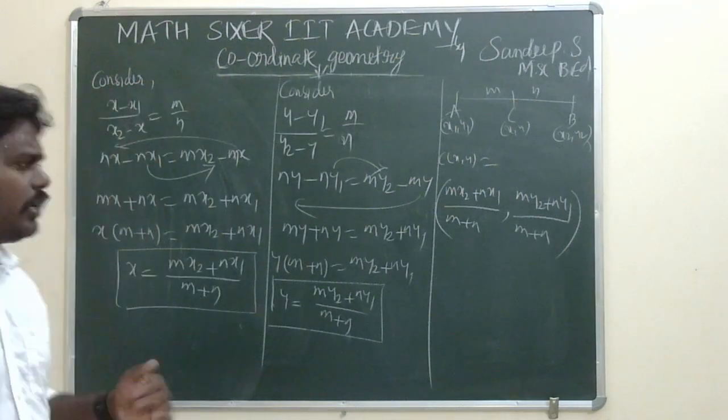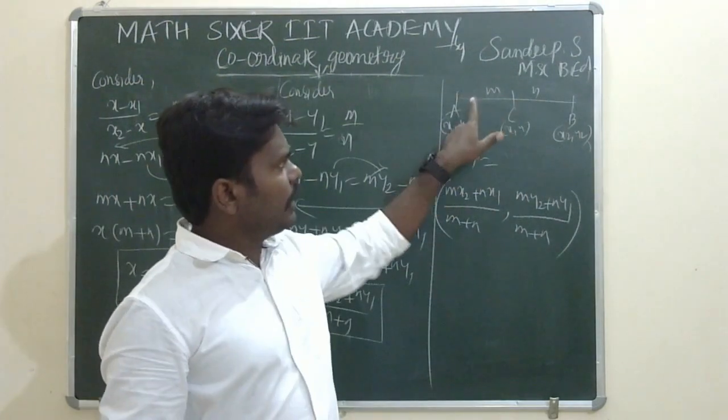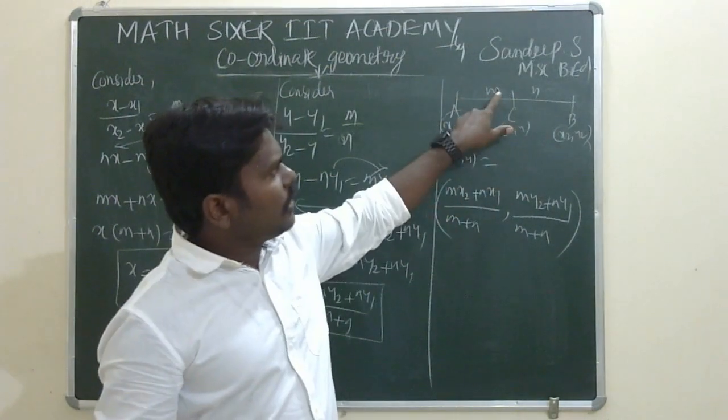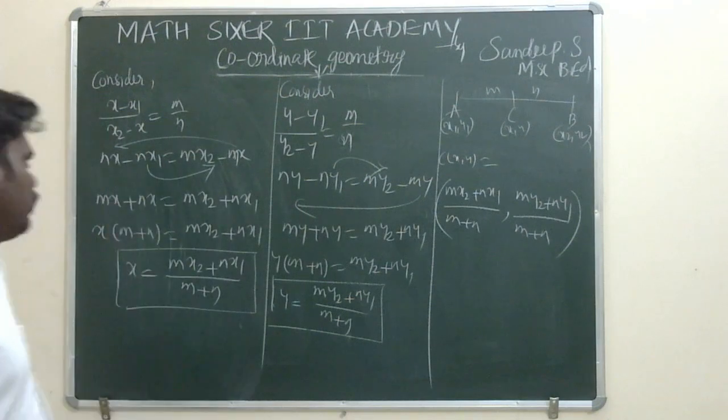Okay, so this is the section formula for internal division, because point C divides AB in the ratio m is to n internally. This is an important formula.